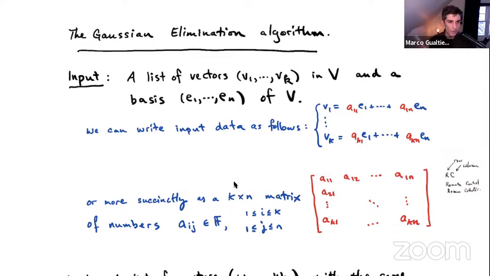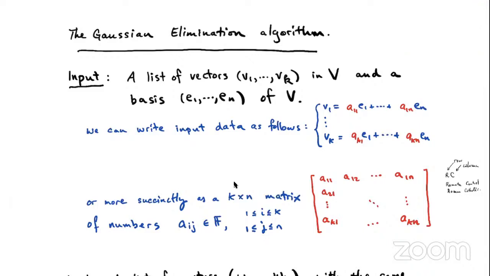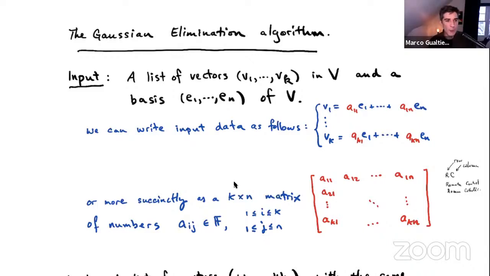The number of columns correlates to the dimension of the vector space. But I'm not saying that the matrix is a vector space. I don't know what that means. The relationship between the matrix and the vector space is extremely clearly described right here. This is the thing you need to understand.